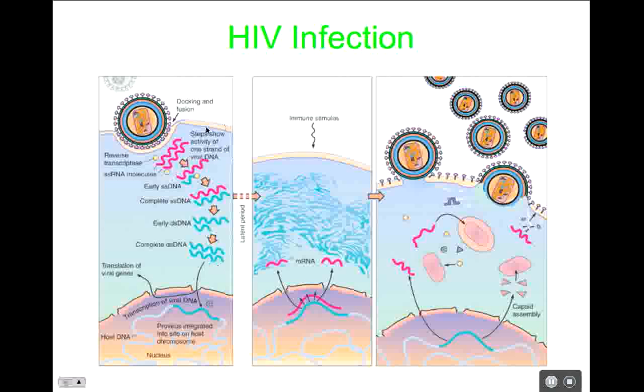So here we can see the RNA genome of the virus. Here's reverse transcriptase. It's making a copy of that RNA, creating that double-stranded DNA. The next enzyme is integrase. Remember, integrase is also inside of HIV. Integrase inserts that DNA into the host cell chromosome.